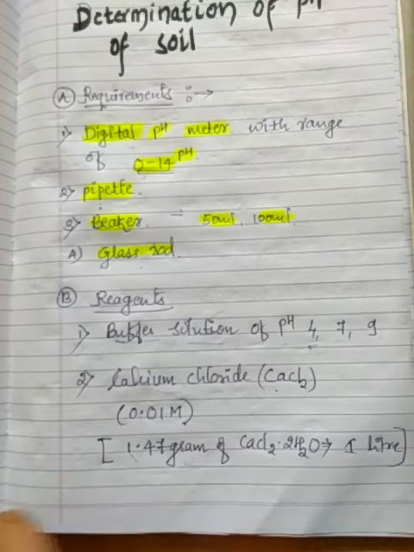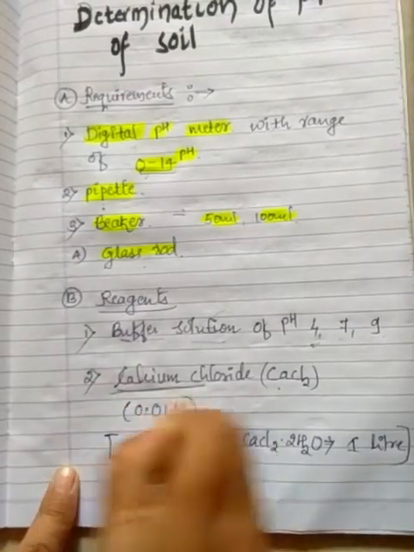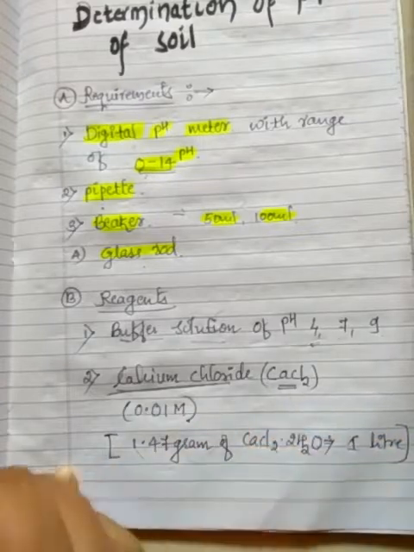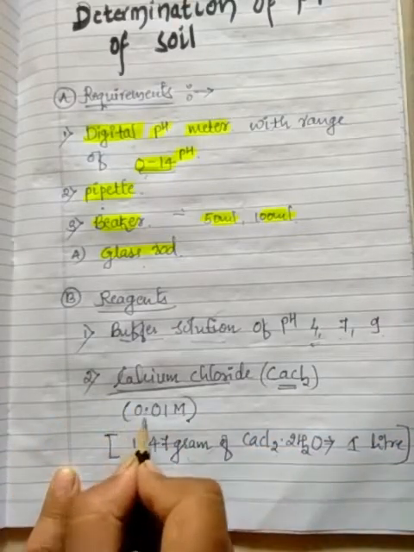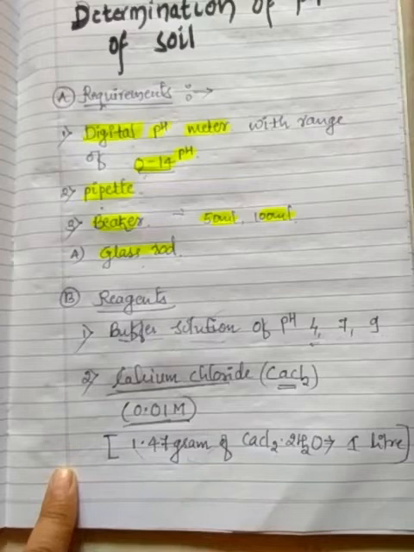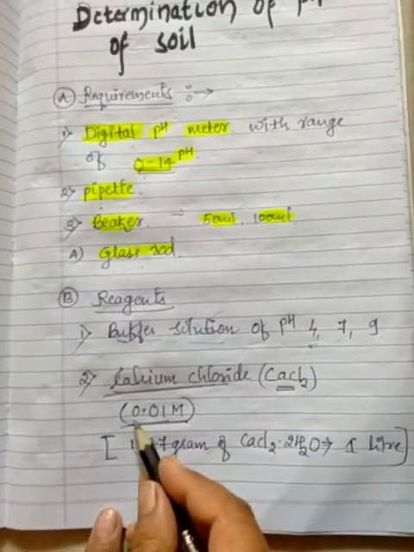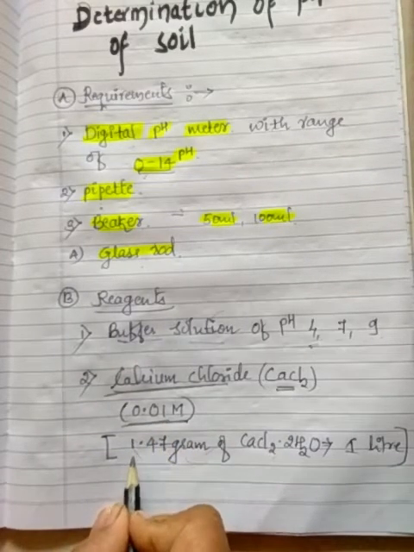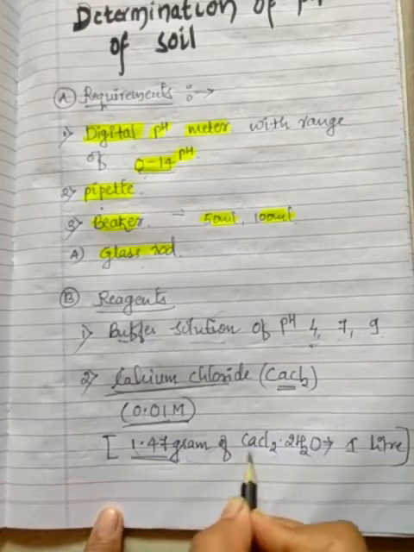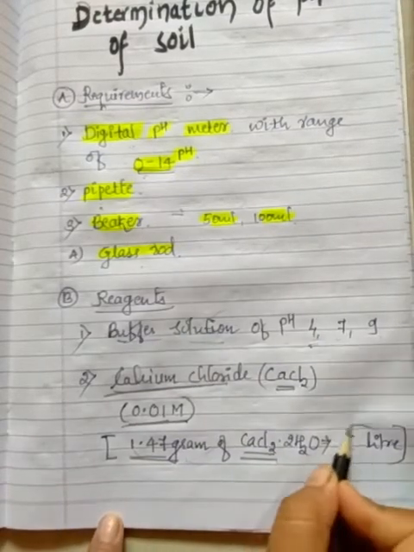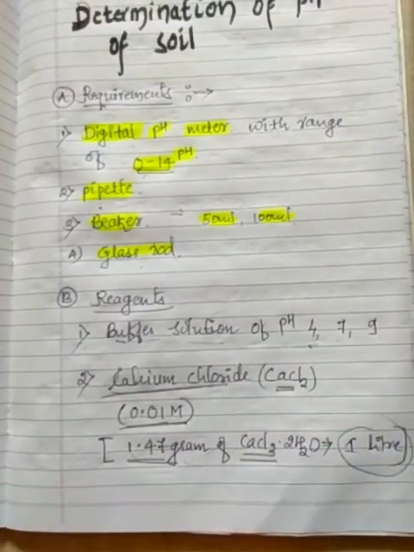After that we need calcium chloride, CaCl2, 0.01 molar solution. For preparation of this solution we have to dissolve 1.47 gram of calcium chloride in 1 liter of water.